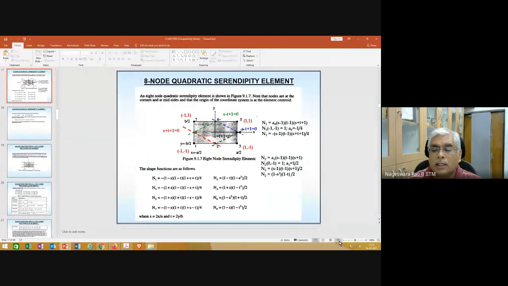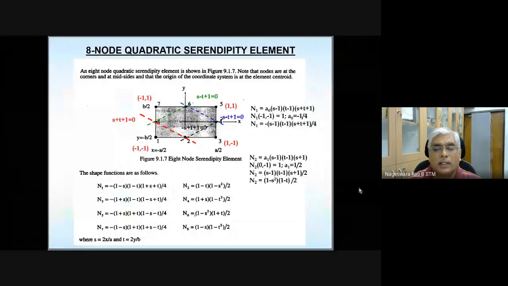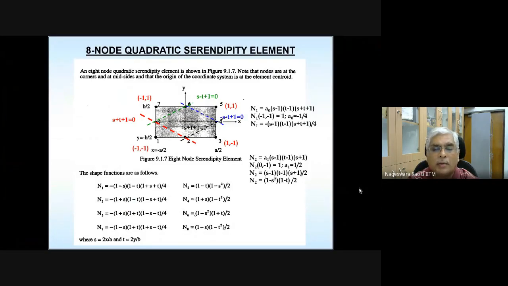Okay, and now let's proceed further. This is the 8-node element that we discussed. 8-node quadratic. It's a quadratic element because if you see the shape function expressions, the highest order of the power with respect to s or with respect to t is going to be quadratic, or second order.